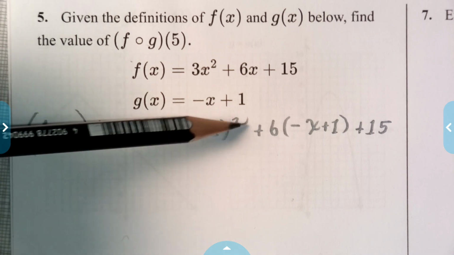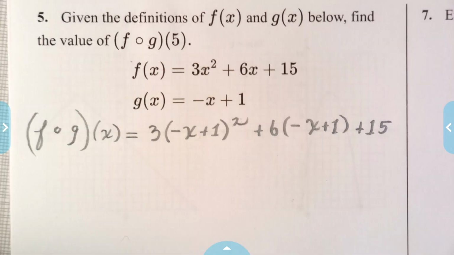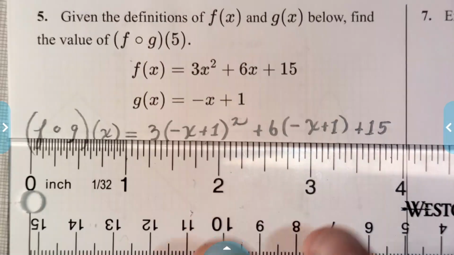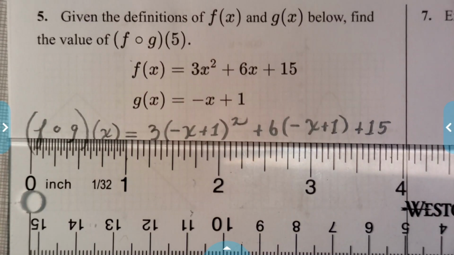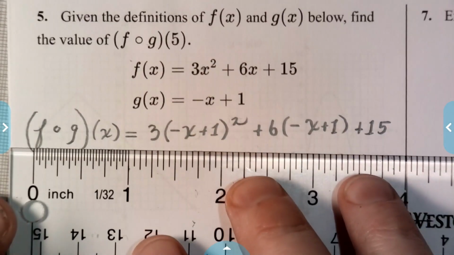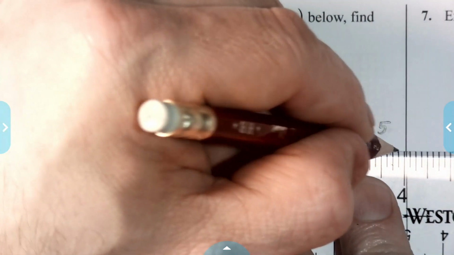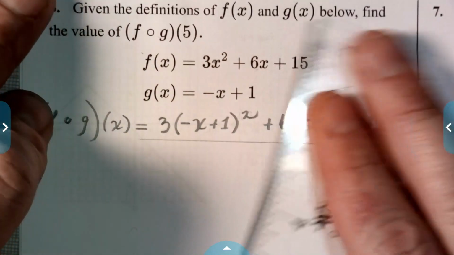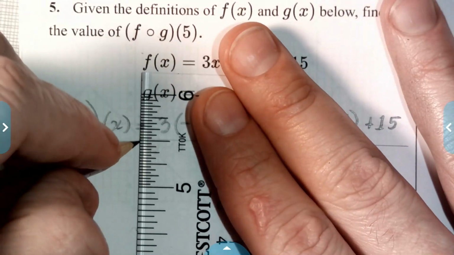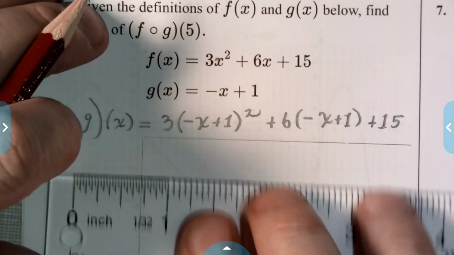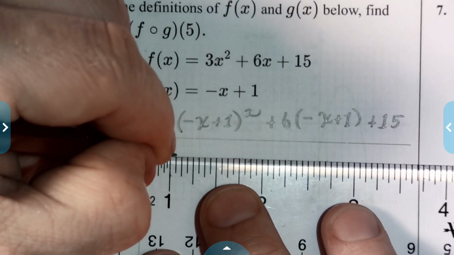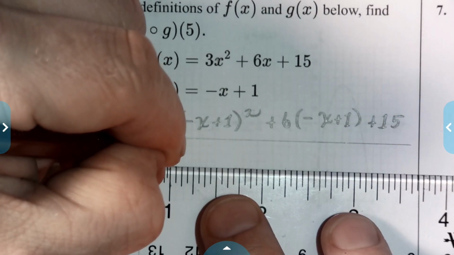We're going to have to expand this binomial, and let's do that. We're going to carve out a little space here. Okay, so what we're going to do here is we're going to multiply negative x plus 1 by negative x plus 1.